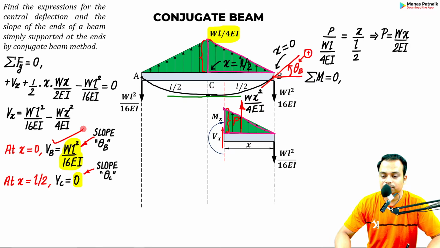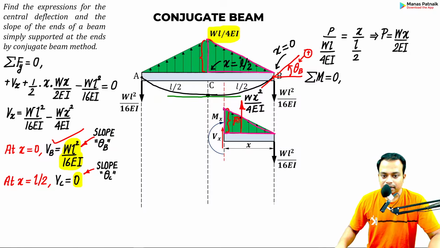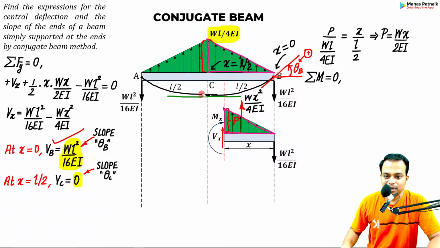You can see this. Okay, now coming to the part of bending moment. When you calculate the bending moment in a conjugate beam, you get the deflection for the real beam. Here it is. Take a look.